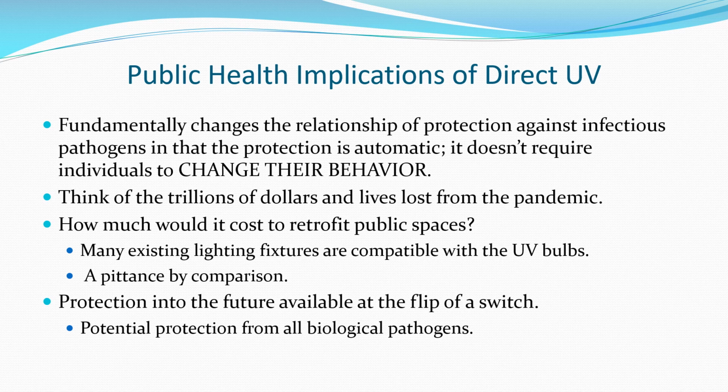How much would it cost to retrofit public spaces? And keep in mind, many existing lighting fixtures are compatible with the UV lamps. It would be a small fraction of what the United States government has already spent. And finally, it provides protection into the future, available at the flip of a switch. It actually could be the end of pandemics.